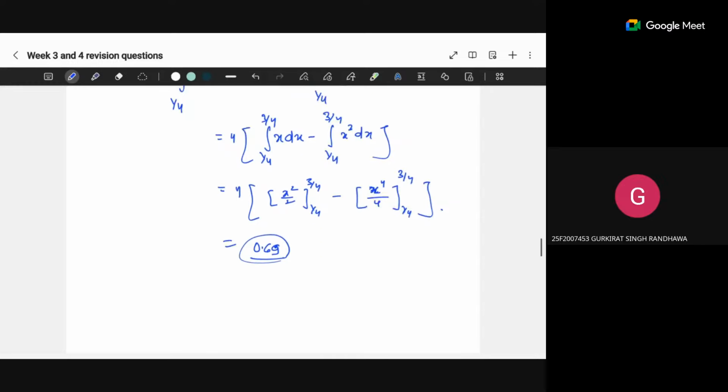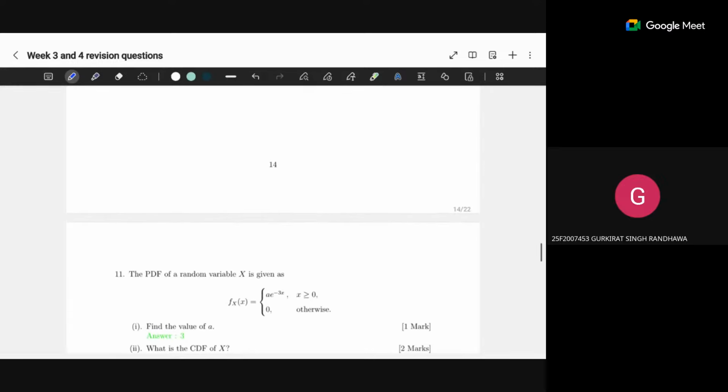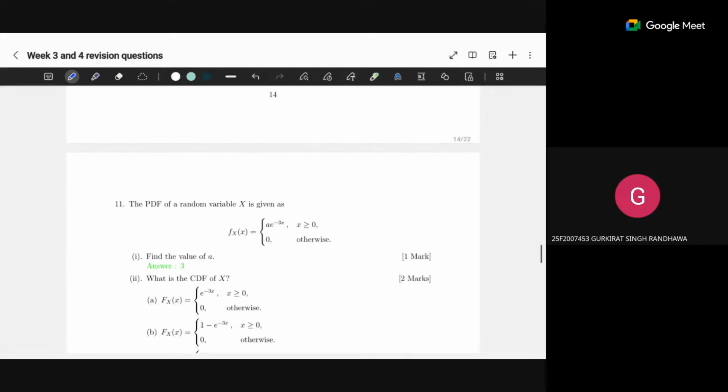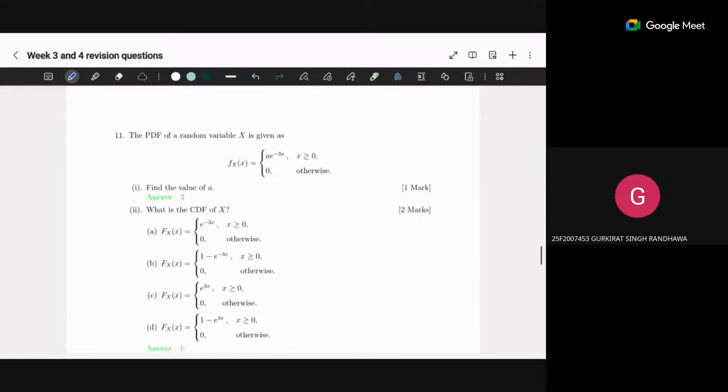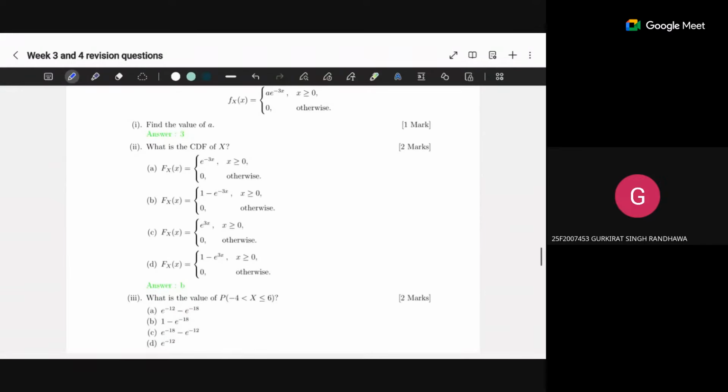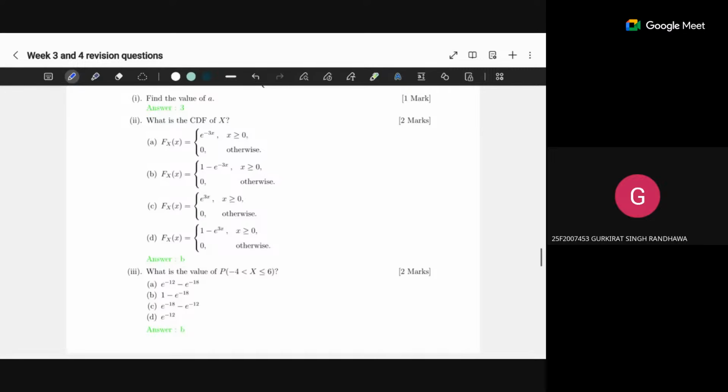Yes, ma'am. Okay. Now, the PDF of a random variable x is given. Find the value of a and find the CDF of x. And you need to find out the value of this.